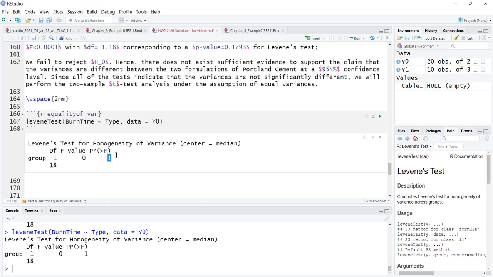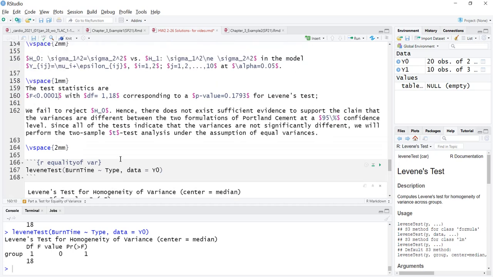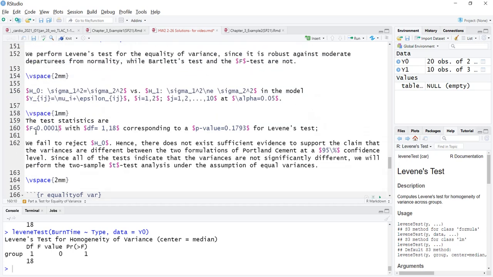And look, I've got a p-value of 1. We never put 0 for an F, and it can't get there. And we never put 1 for the p-value. It can't get there. So this will be a p-value that's greater than 0.9999. Okay?